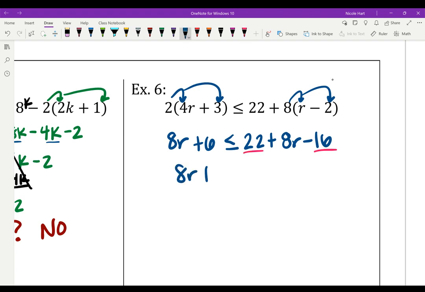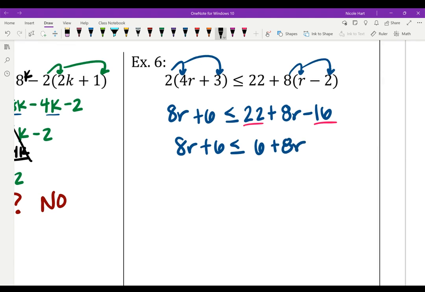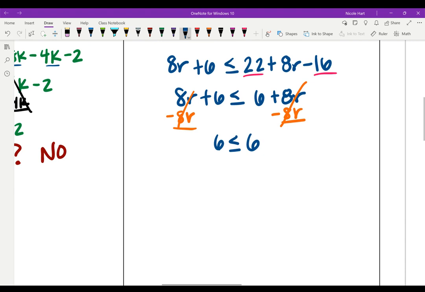So we have 8r plus 6 is less than or equal to 22 minus 16 is going to be 6 plus 8r. And then we are going to subtract 8r, subtract 8r. Those cancel out. And we are left with 6 is less than or equal to 6. Well, 6 is equal to 6.